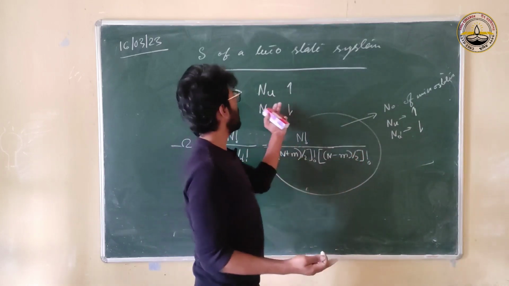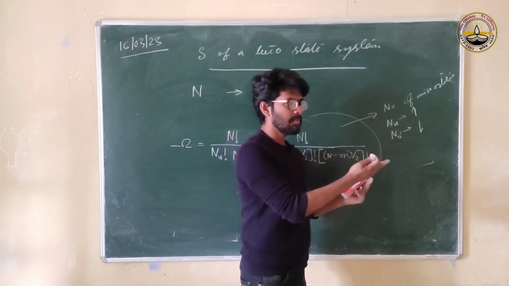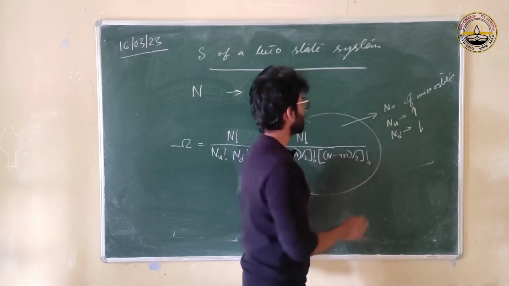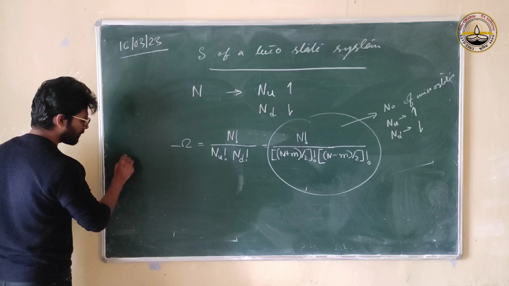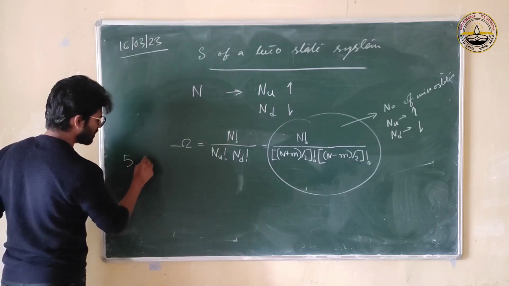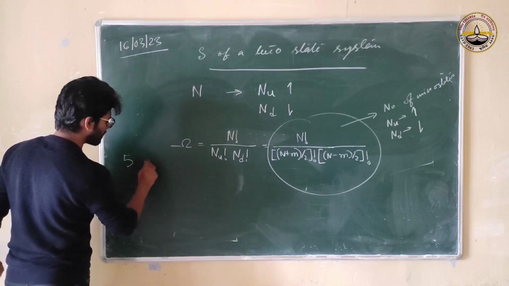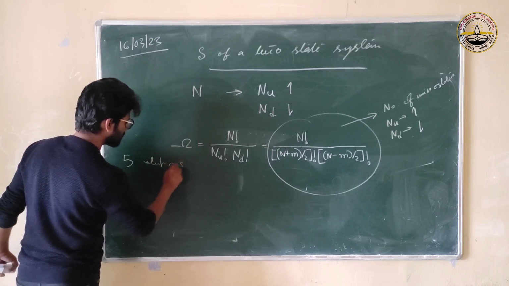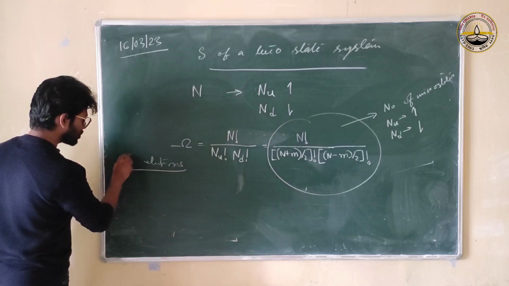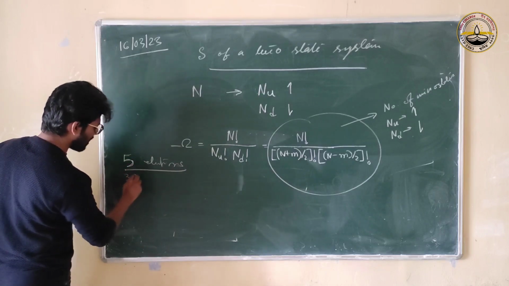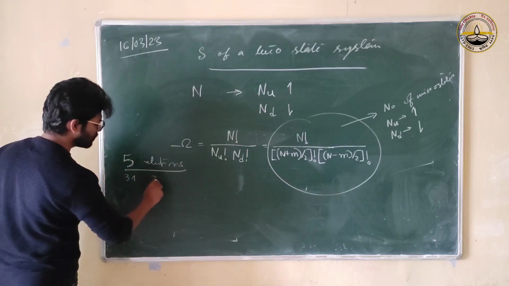Now, which one out of the N is up and which one is down doesn't matter. For example, let's say we have only 5 spins, 5 electrons, and out of which, let's say we want 3 up and 2 down.